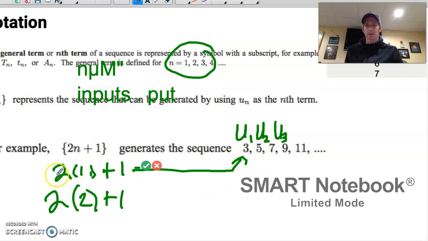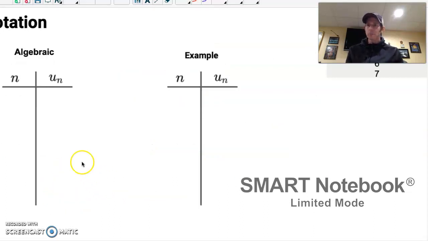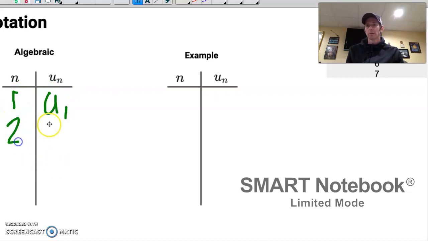Apparently this program has gotten to be smarter than me because it's automatically changing everything to the stuff I don't want it to be. So what that means algebraically, and you will see this a lot, and you do need to get used to it, is you would have your first term being 1, and the output would be U1. When you put in 2, you would get your second term. Again, this is your term value, this is your term number.